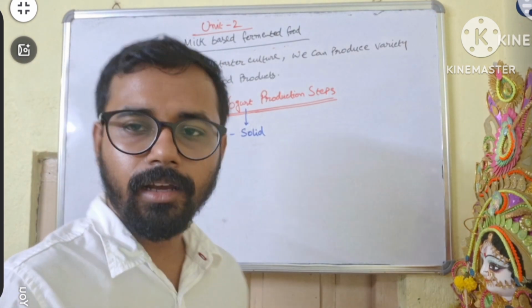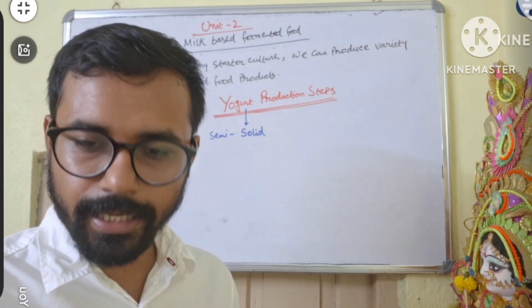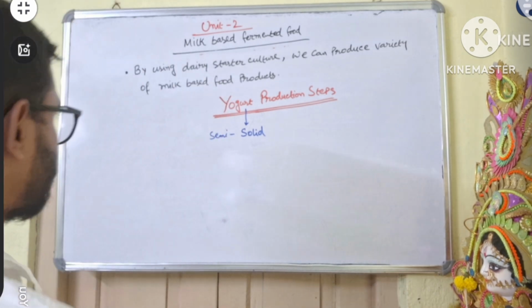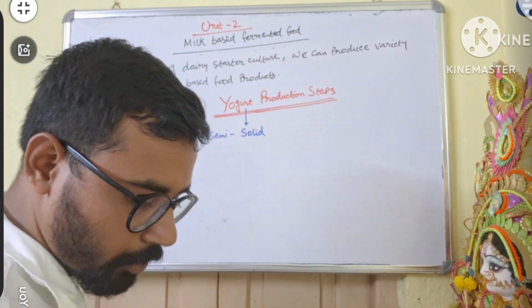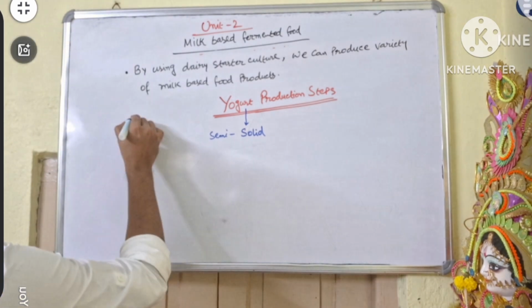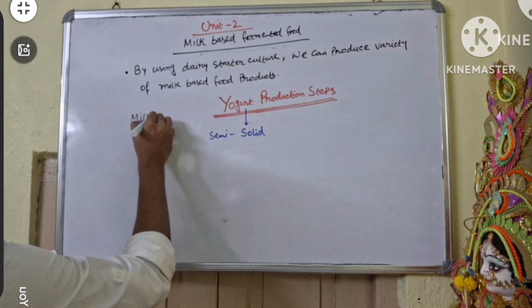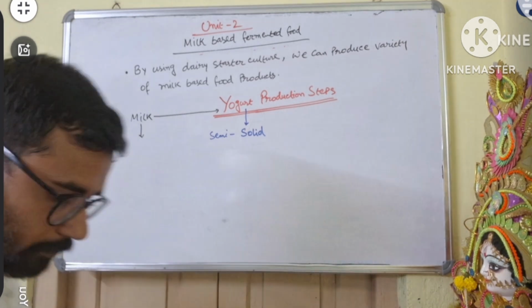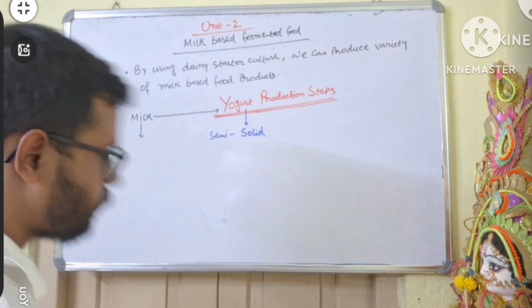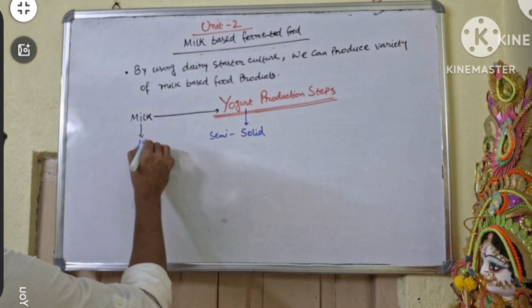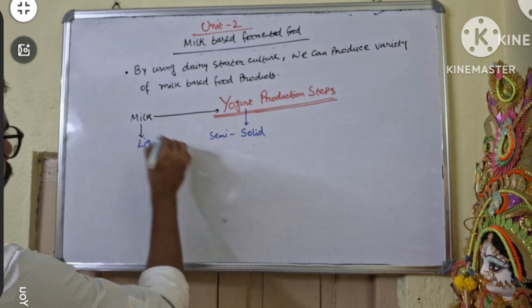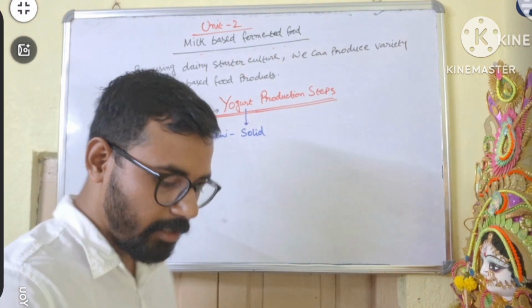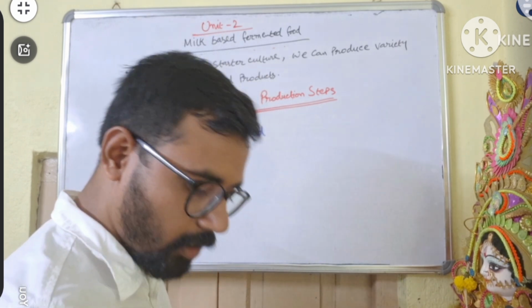We are using milk as a raw material to make yogurt. Yes or no? So yogurt is actually produced from milk. What is the consistency of the milk? Liquid. So after fermentation, the liquid milk is converted into solid or semi-solid yogurt.